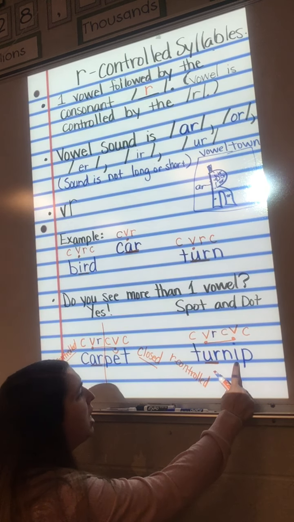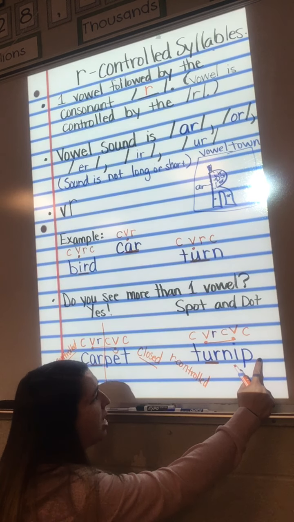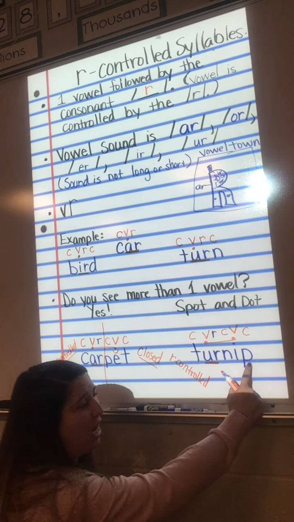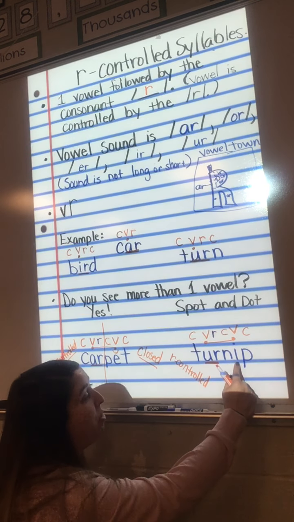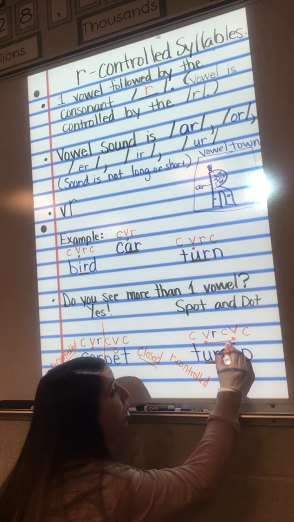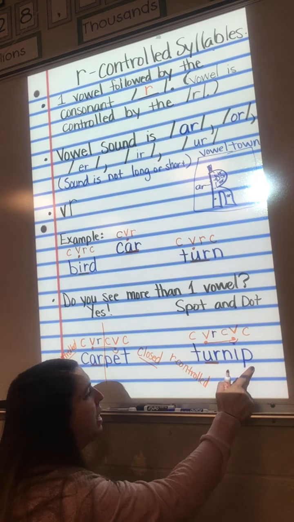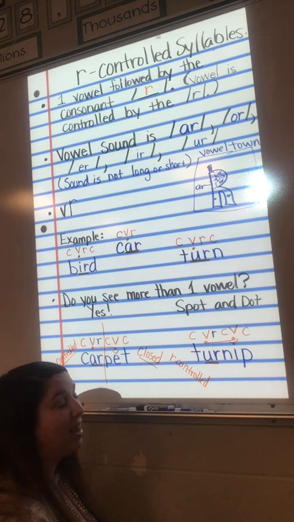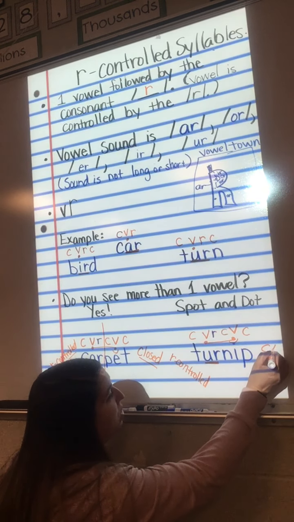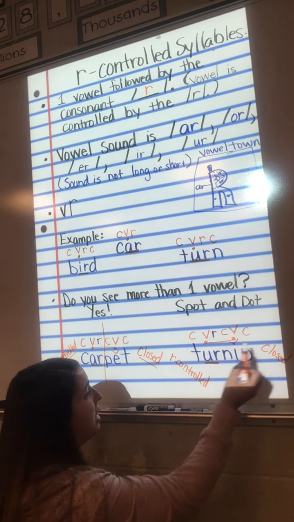I see that it doesn't have a helper E, so I know it doesn't follow the magic E. I know that the I is followed by a P, and if it's an open vowel, it's not followed by a consonant. So I know that when a vowel is followed by a consonant, it follows the short vowel sound, which is the closed. Okay, so I think that says I, so I've got N, I, P, nip. Oh, that is a word. So what syllable did I just identify? If you said closed, you are correct. That's a closed syllable.